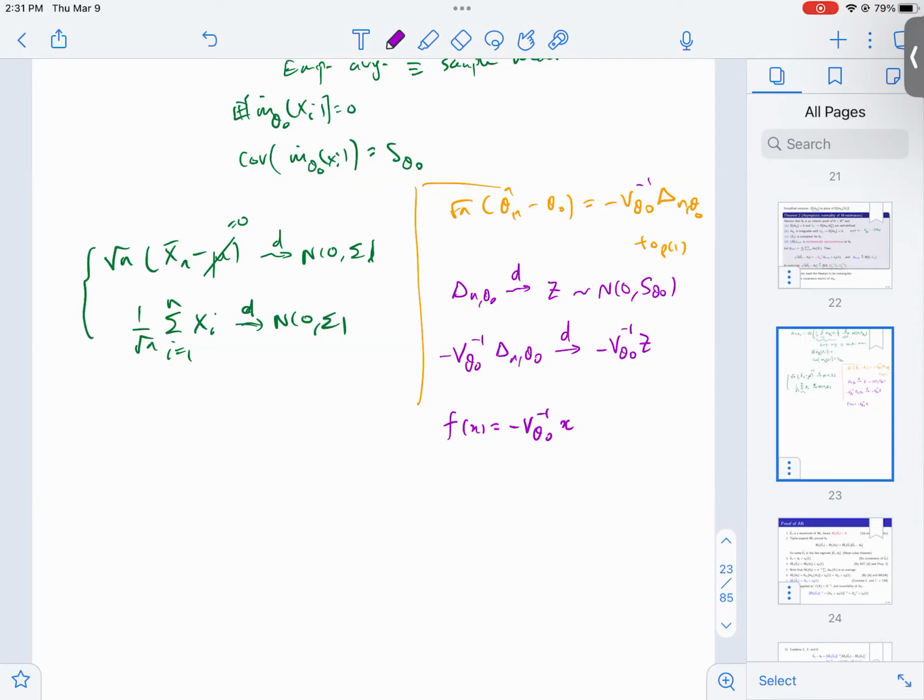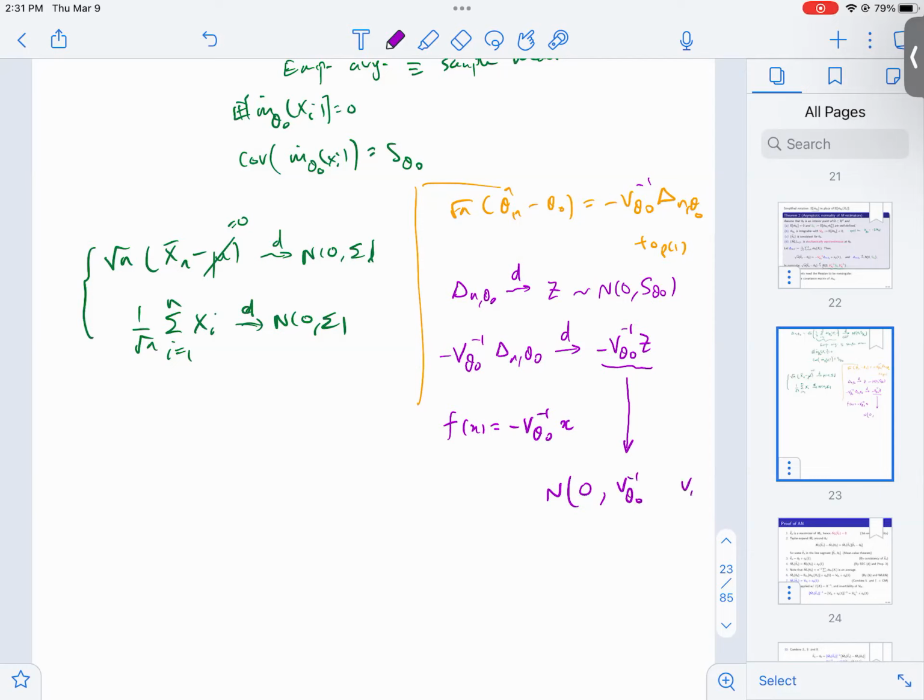So this holds, and what is the distribution of this? We know that Z has this distribution, with 0 mean and covariance S theta naught. This is a linear function of a multivariate Gaussian, so it should be Gaussian. The mean would be that matrix times the mean of Z, which is 0, and the covariance, as you pointed out, is this times the transpose of it.